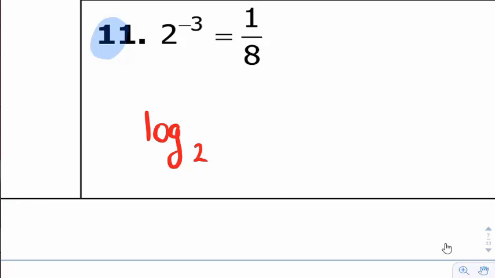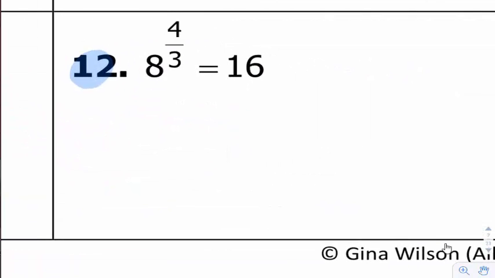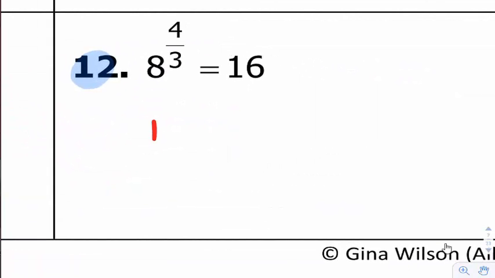But remember now, the input and the output are switched, so this becomes log base 2 of 1/8, because that was the output, now it's the input, and that equals -3, because the input becomes the output. So that's number 11. Number 12. Do this one real quick. We got log base 8, because the bases stay the same, and the output and the input switch places, so that's 16, and that's 4/3.